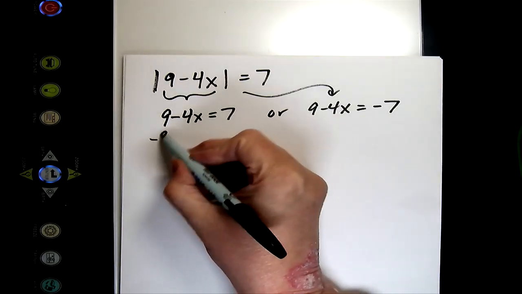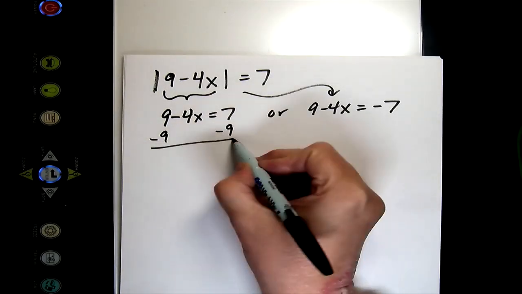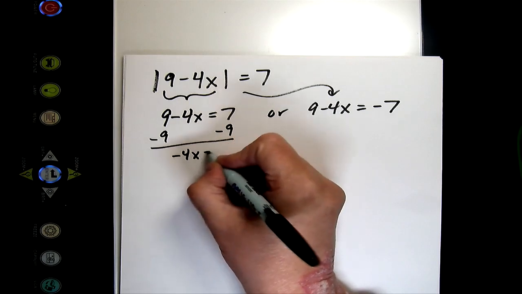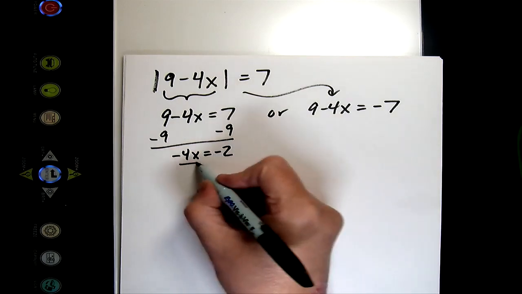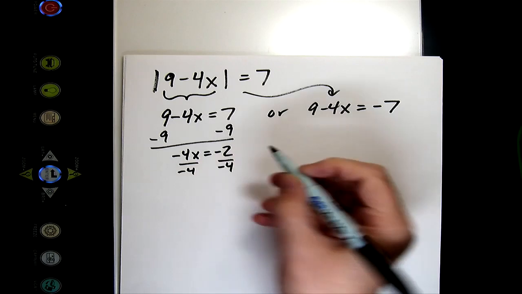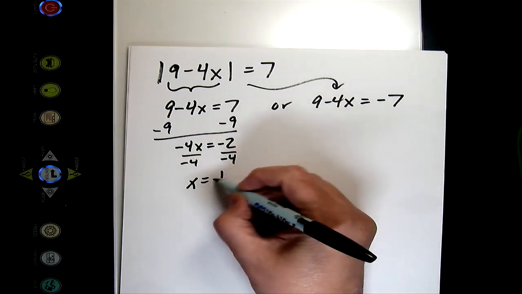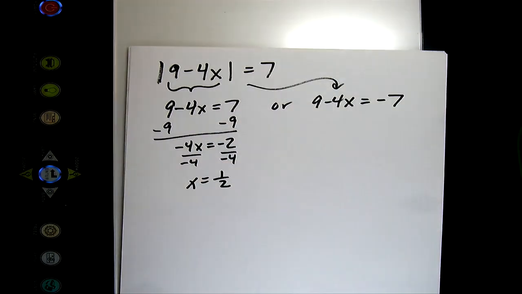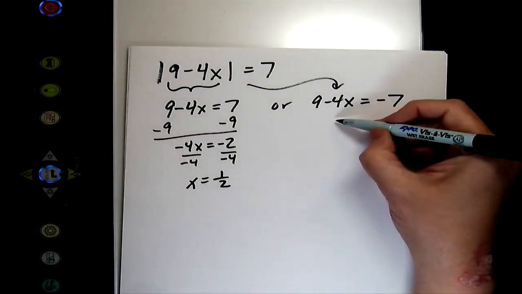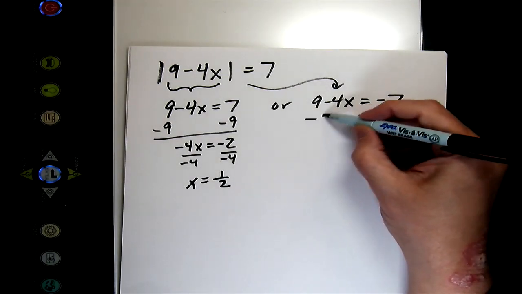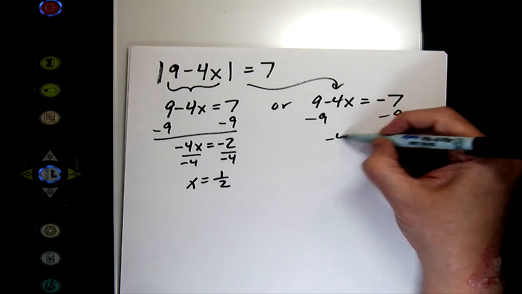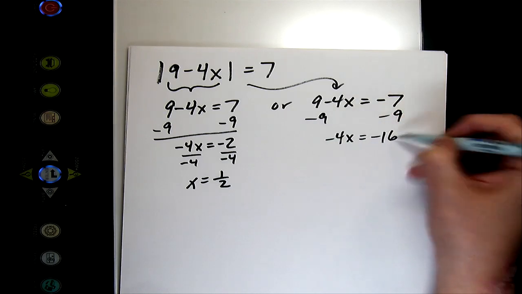But now we're just down to linear equations, aren't we? -4x equals -2 on this one. If I divide by -4 on both sides, I get x equals 1/2. On this side, if I subtract 9 from both sides, I get -4x equals -16.